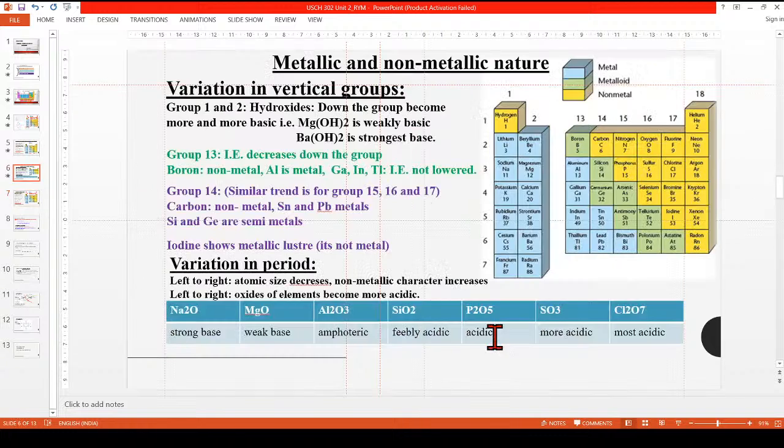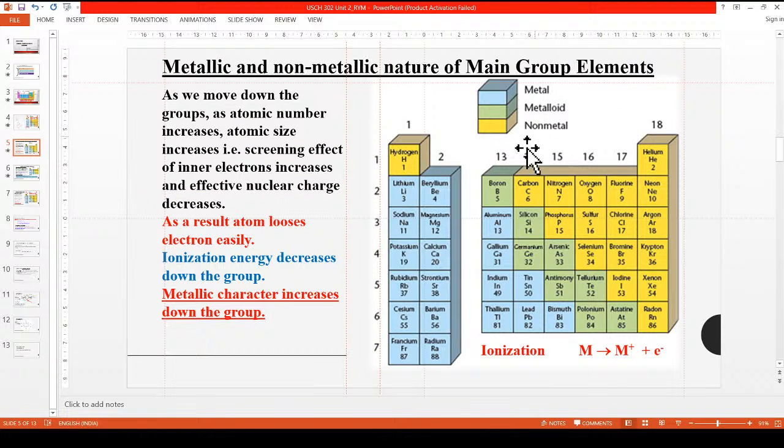In the case of boron family elements, boron is a non-metal, whereas aluminum, gallium, indium, thallium, all are metals. Only boron is a non-metal. This non-metallic character is because of the small size of boron.